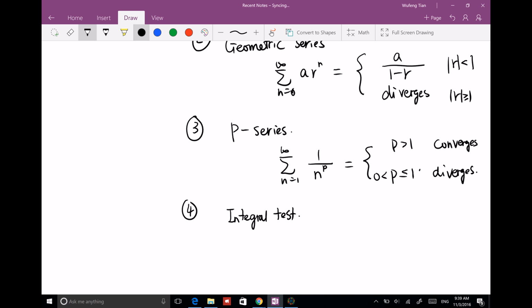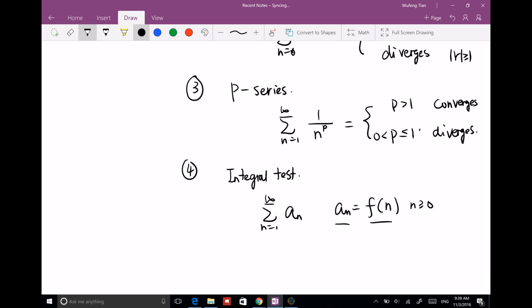The integral test, we set up the sum from n equals 1 to infinity of a_n. Set up a_n as a function f(n). So basically, all the n is going to be x. So it's a function f(x).